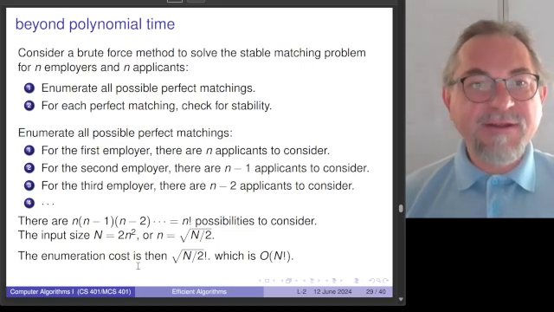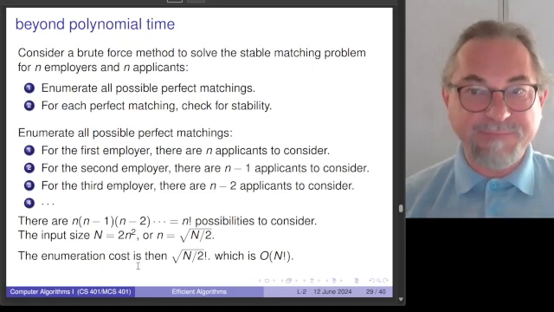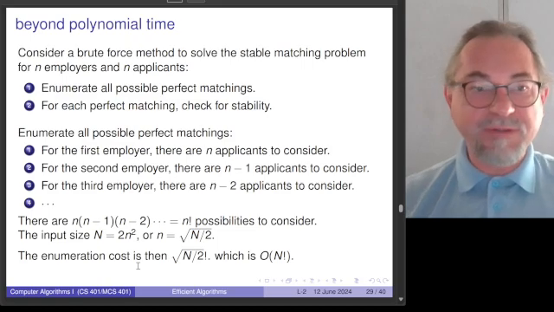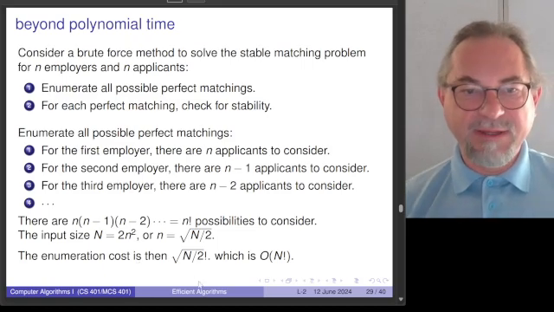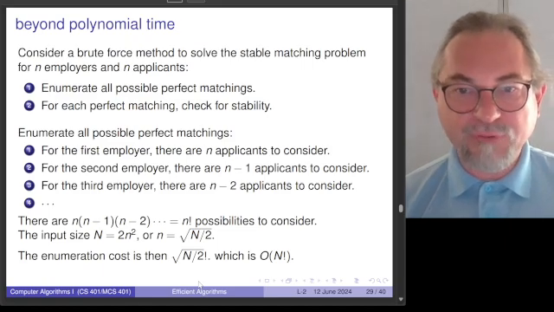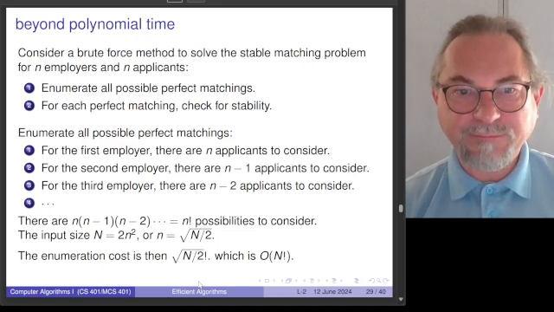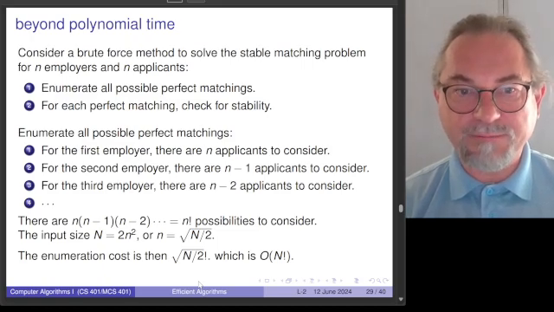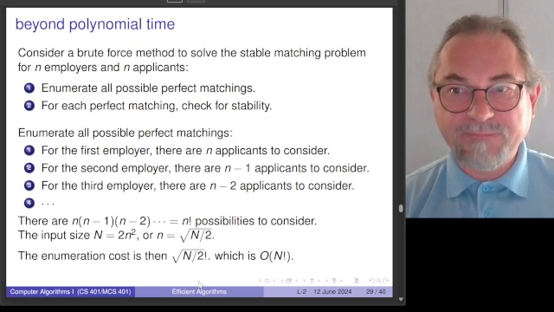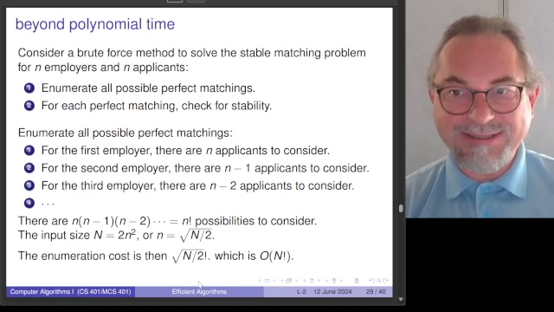Now n is here the dimension, not the input size. The input size is quadratic in the dimension, so we have the list of preferences, two tables of preferences. So we can actually reformulate this as the factorial of the square root of the input size divided by 2. But this is also of the order factorial. If that causes some doubt, remember the first exercise in this lecture.